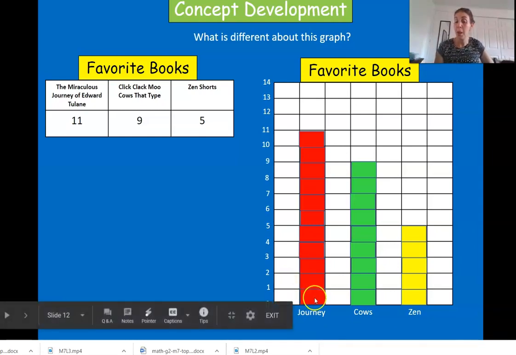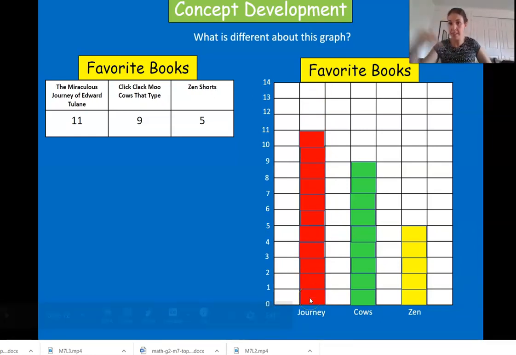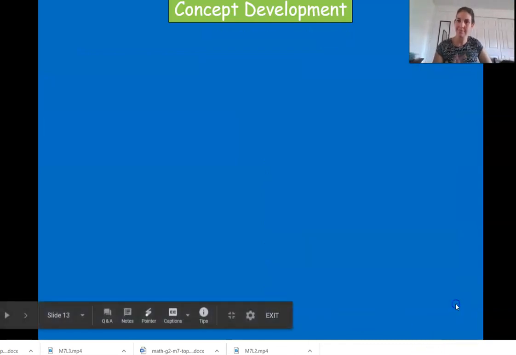This time our bars are going up instead of across. So this time, instead of seeing how long the bars are, we're going to see how high the bars are. That kind of reminds me of a ruler. We can use a ruler to see how long something is, and we can use that same ruler to see how tall something is. Interesting.